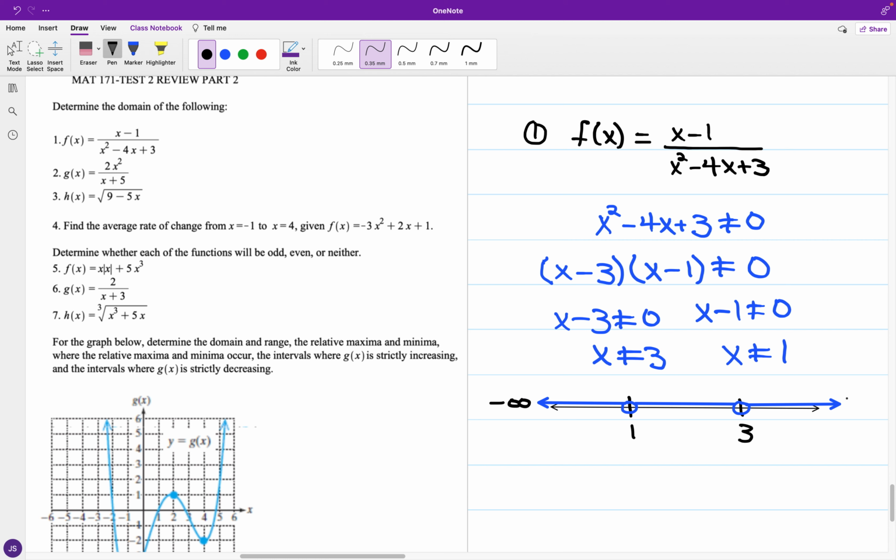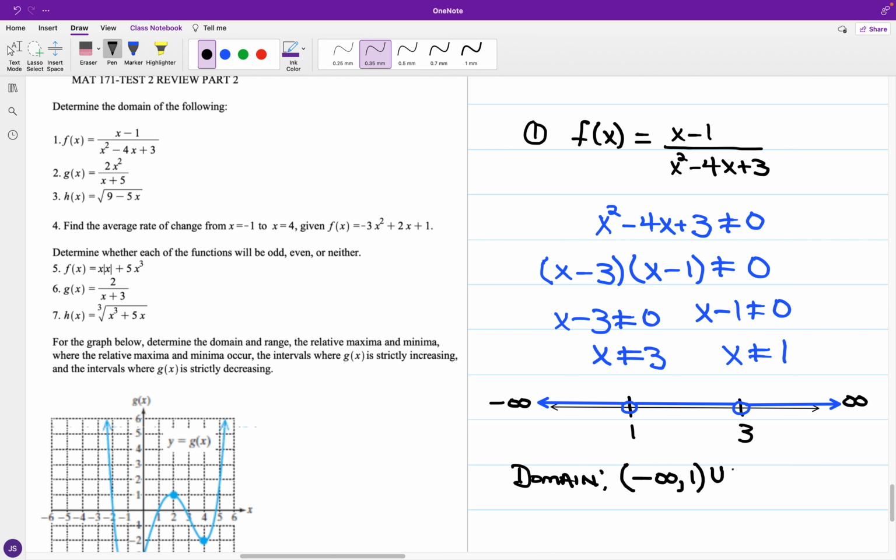Okay, so you have continuity on both sides, but now we have the exclusions in the middle. So for the domain, if I put it in order, for the smallest of values, I have between negative infinity and but not including 1.